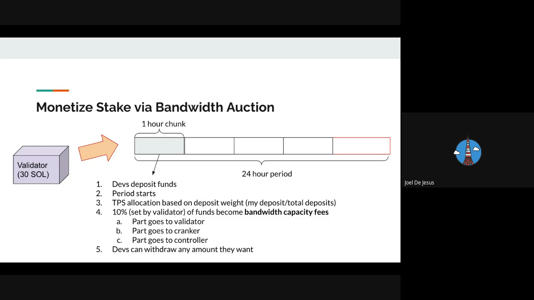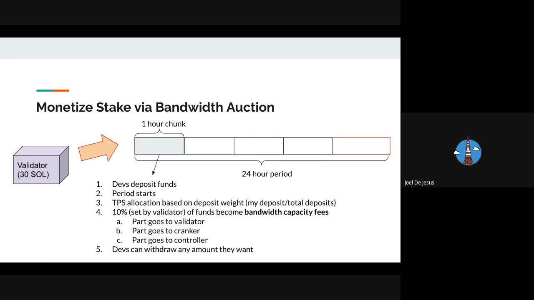One issue that came up when designing this is that I didn't want a situation where for every period that is set for a particular validator, you have to keep pumping in money for each bid. So we have a decay process where the bid bucket starts at $100. Instead of all $100 going to the validator at the beginning of the period, we have something called a decay rate.